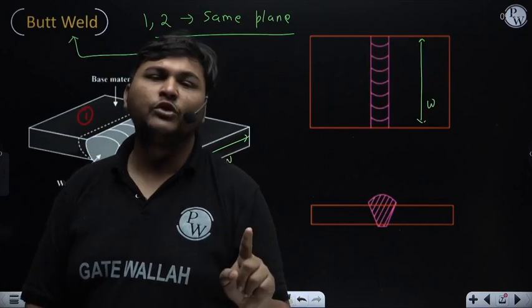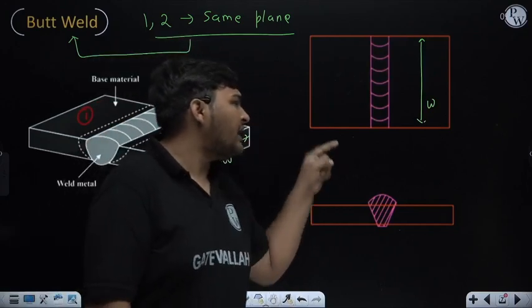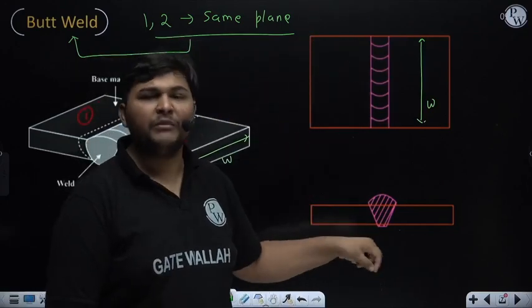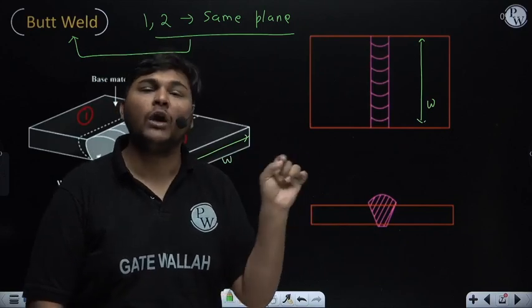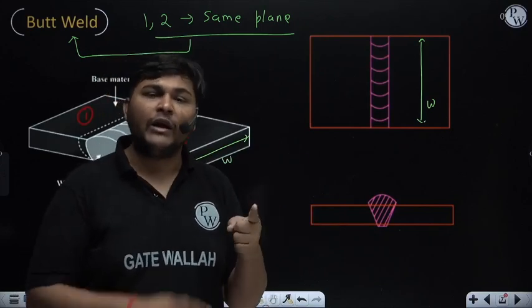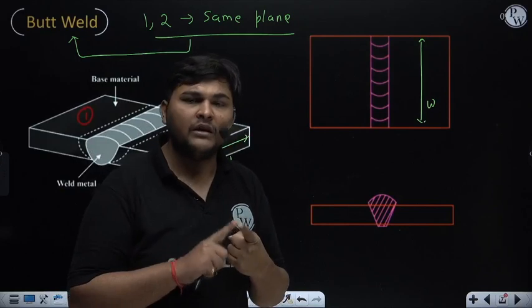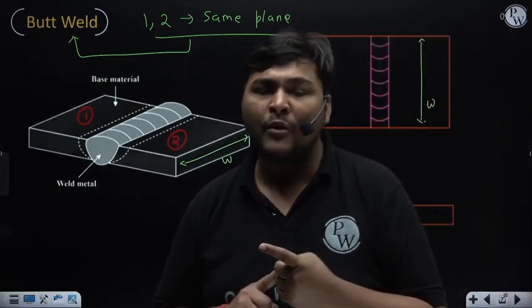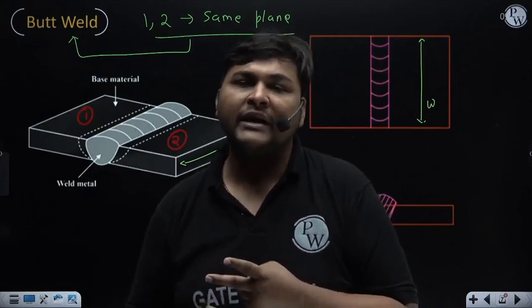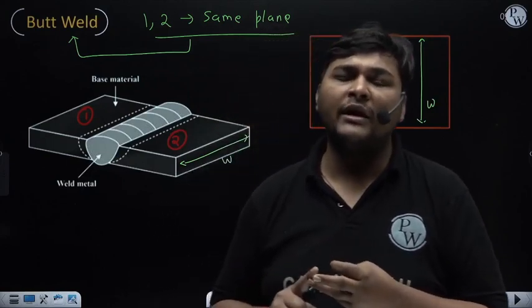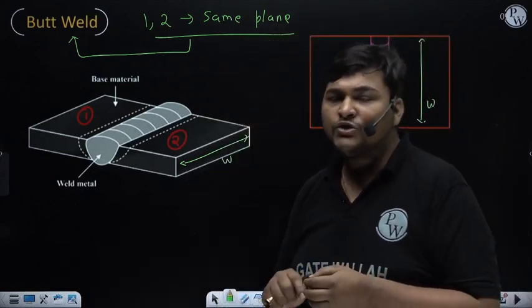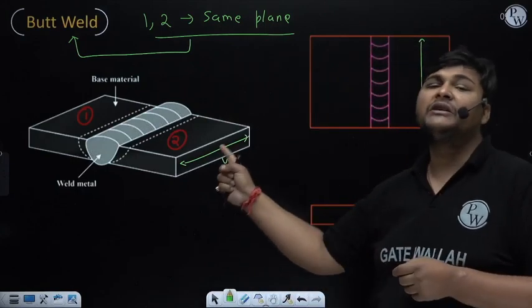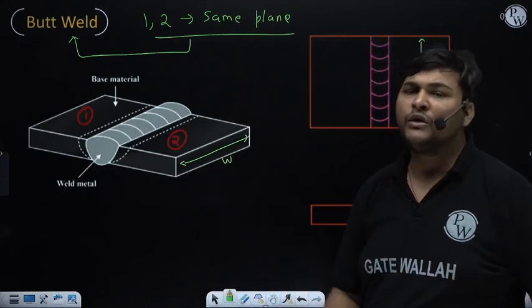So we will assume that we are doing this weld in the entire width of the plate, meaning we will take the length of the weld equal to the width of the plate. We cannot solve the problem without knowing the length of the weld, so when it is not given, we take the length of the weld equal to the width of the plate. This thing you can remember.